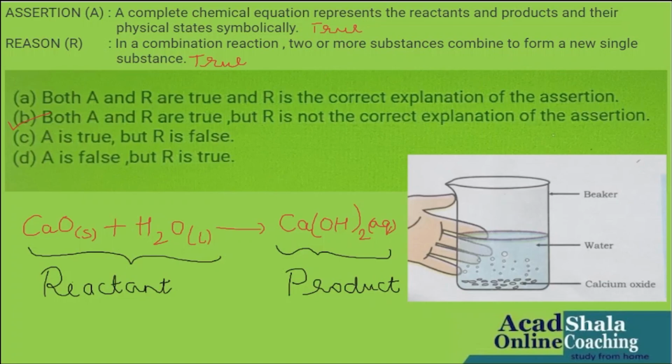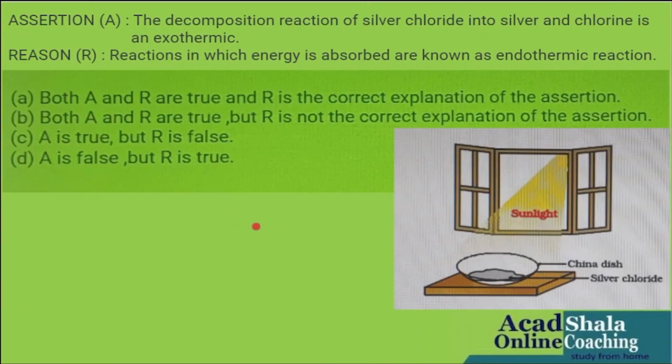Okay. The next question says, assertion: The decomposition reaction of silver chloride into silver and chlorine is exothermic. Reason: Reactions in which energy is absorbed are known as endothermic reactions. Now you are seeing a picture over here.